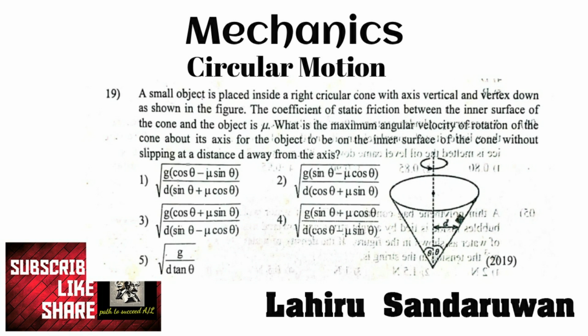What is the maximum angular velocity of rotation of the cone and the object about its axis for the object to stay on the inner surface of the cone without slipping at a distance d away from the axis?